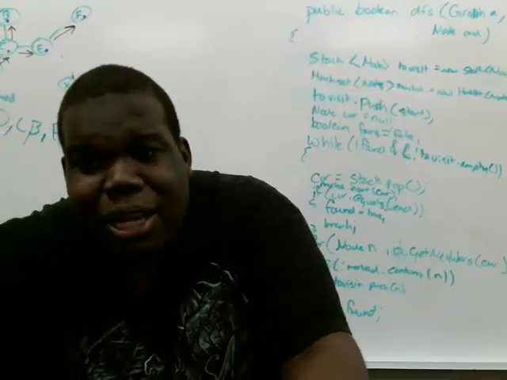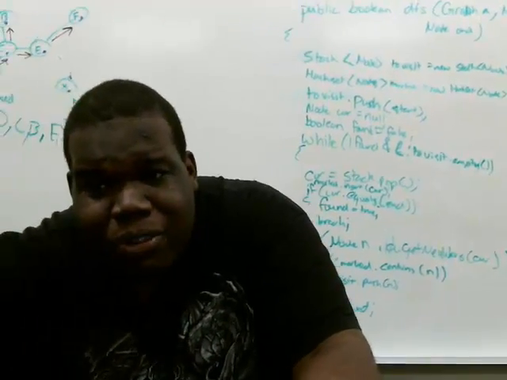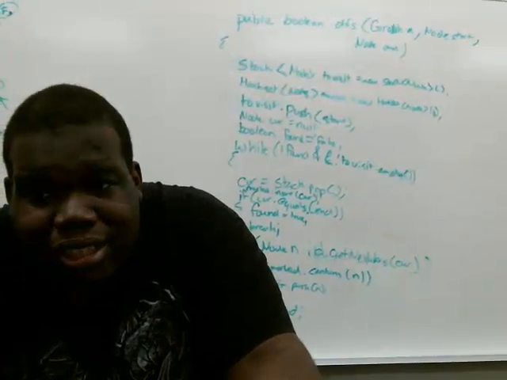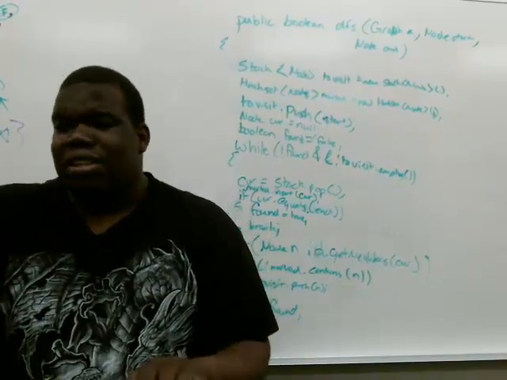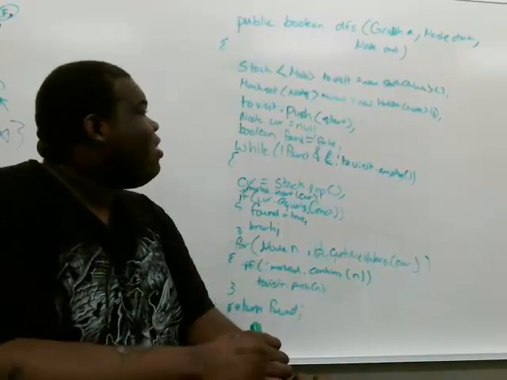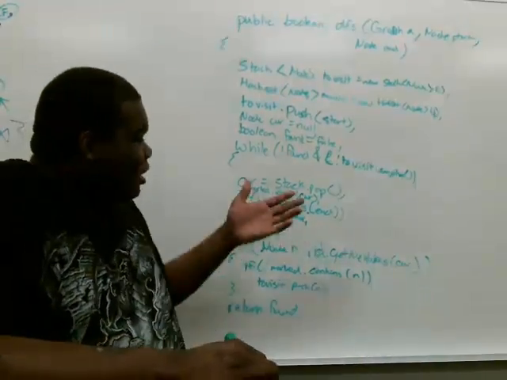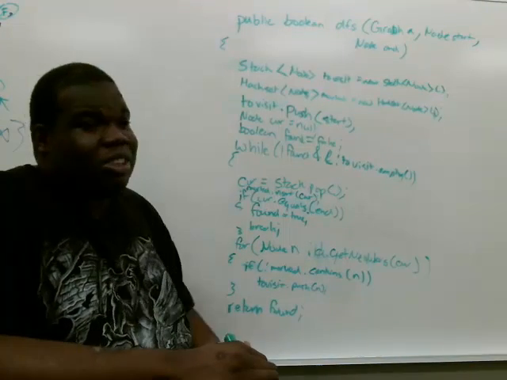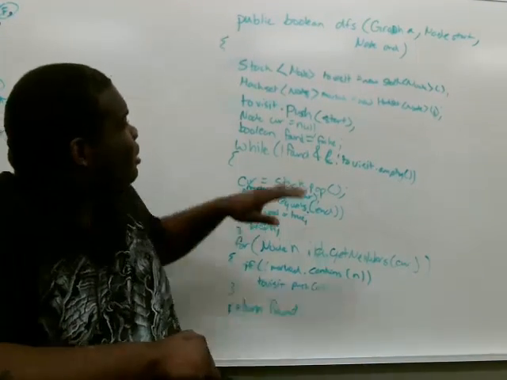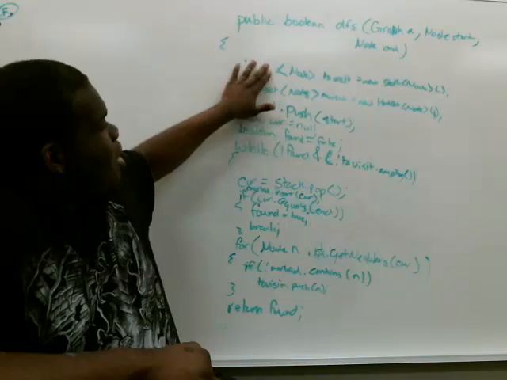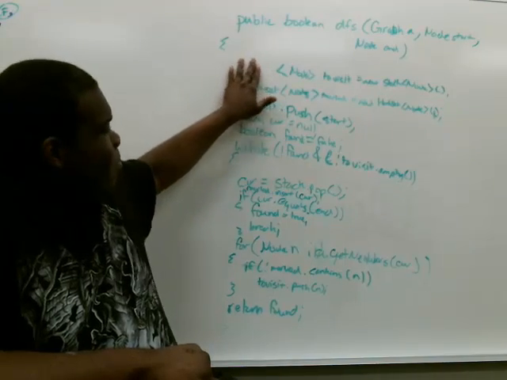Okay, so the other type of search is called a breadth first search. I'm not going to bore you with the details of the code, but if you had this boilerplate code for depth first search, all you have to do is work some magic on the board.